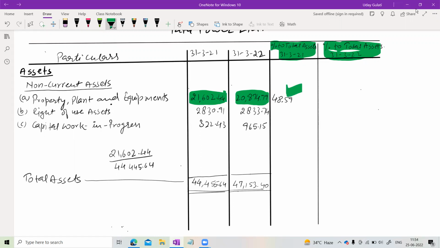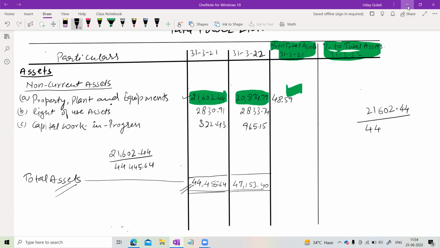Here, how to calculate this value, I'm going to show you. We have divided the figure of property, plant and equipments for the year 31st March 2021, 21,602.44, by the total assets.